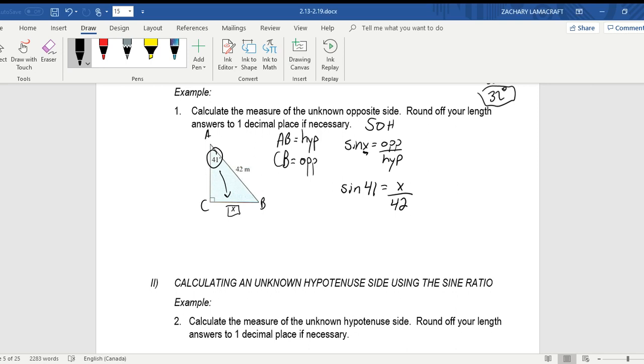If we continue with this, we've dealt with this before. We need to start with finding what sine 41 is equal to, and in this case, we round to 4 decimal places. So it is 0.6560 is equal to x over 42.